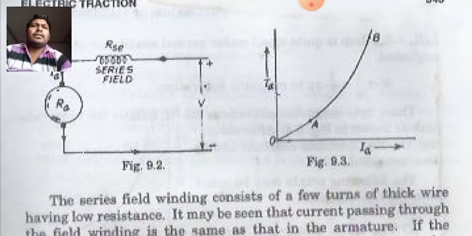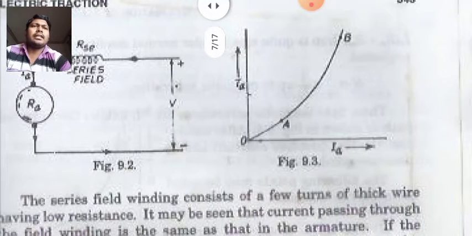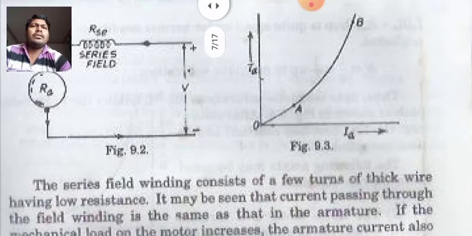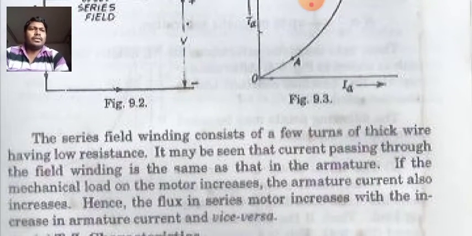If the flux is very high, then the graph between armature torque and armature current will have the slope as on your screen. So this is the diagram of torque versus armature current for a series wound motor. Now the series field winding consists of a few turns of thick wire having low resistance.